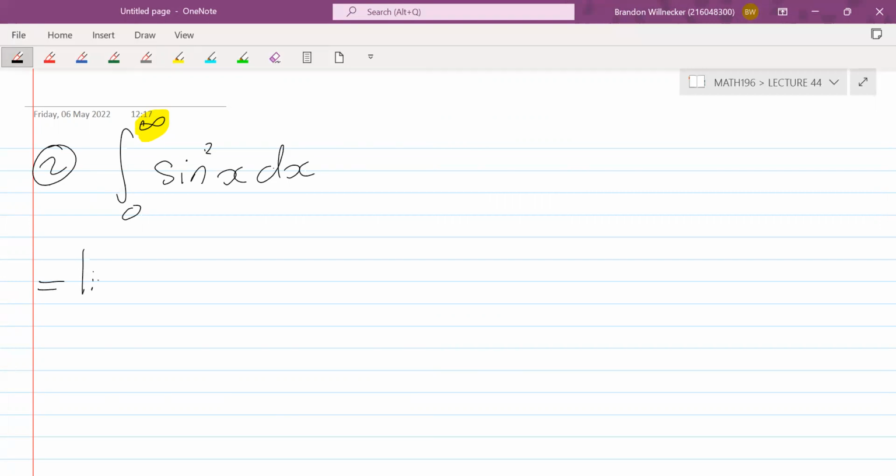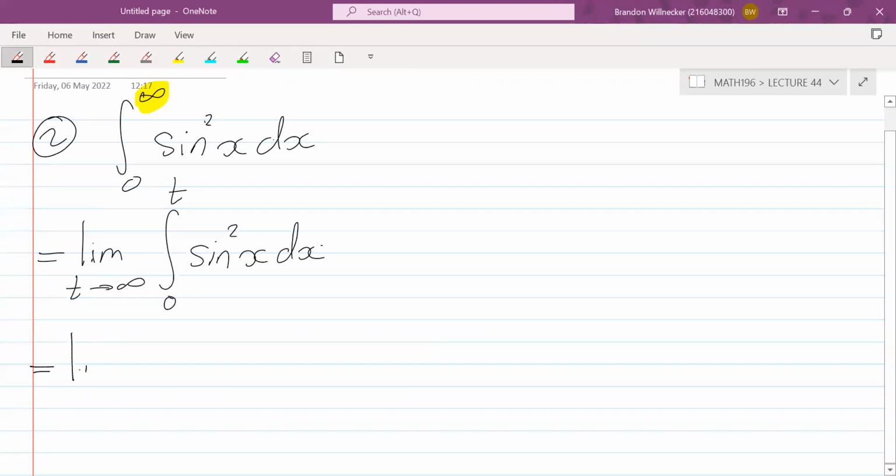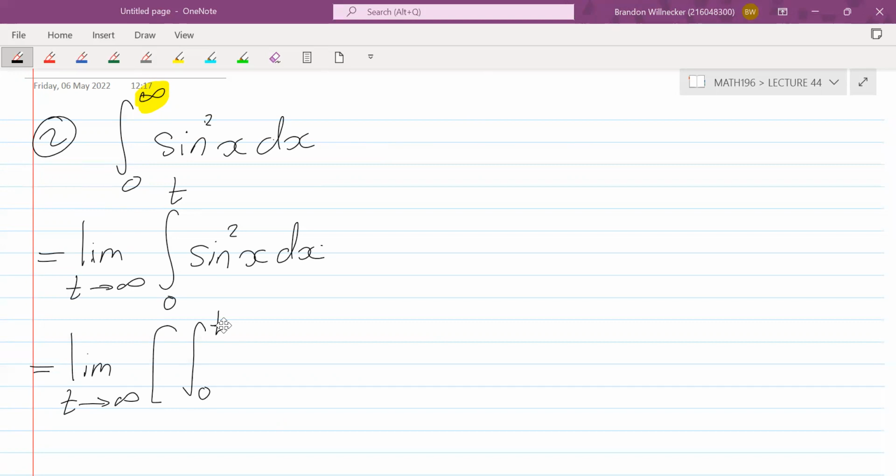So this is going to be the limit as t goes to infinity of the integral from 0 to t of sine squared x dx. We can calculate the integral and then take the limit and see if it's finite or not. We can integrate this by changing it to something with cos, using the half angle formula.